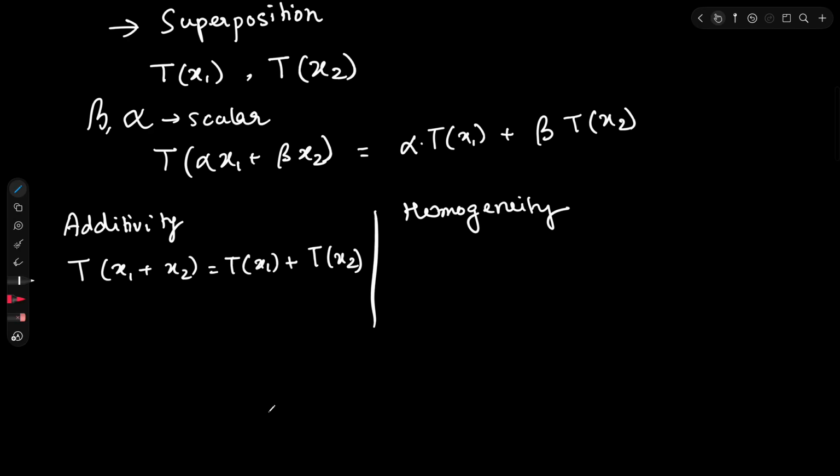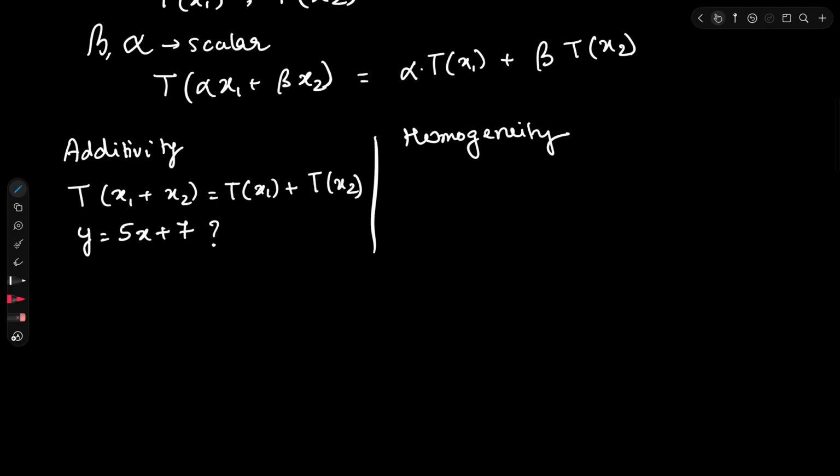You take any linear function and see that it has an additive nature. Suppose we take the function y equals 5x plus 7. Is it a linear function? First we have to check that.